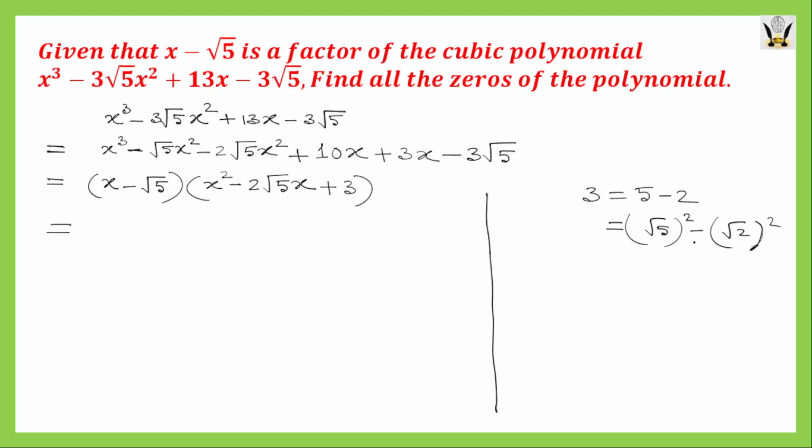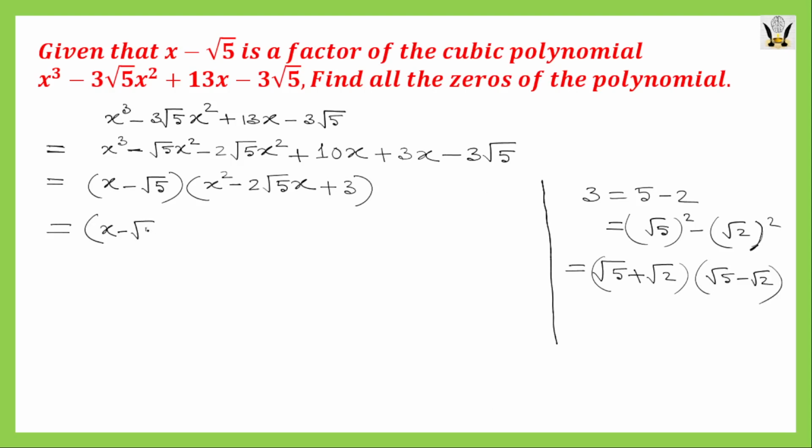That means here we need to use the identity a square minus b square. If we do that, then we will be getting these two factors: root 5 plus root 2, multiplied by root 5 minus root 2. So x minus root 5 is one of the factors, and the second factor can be written as x square, then minus root 5x, then plus root 2x, then again minus root 5x, and then minus root 2x, and then plus 3.